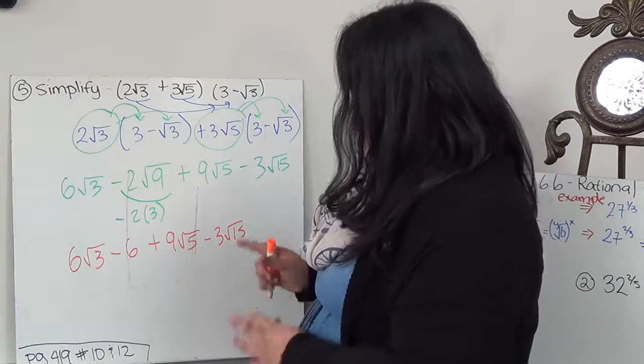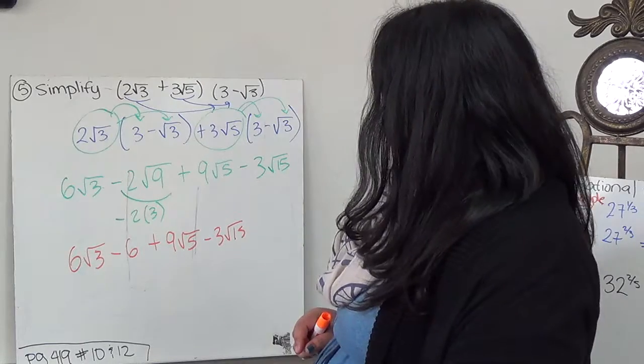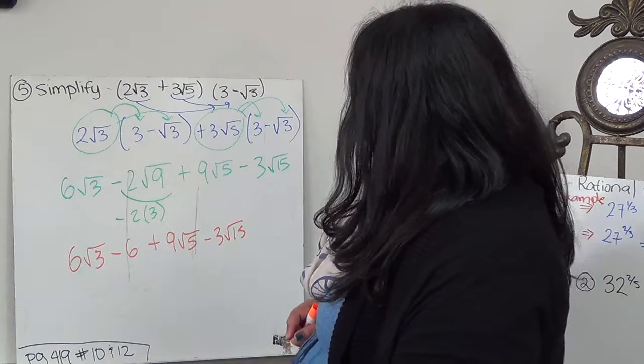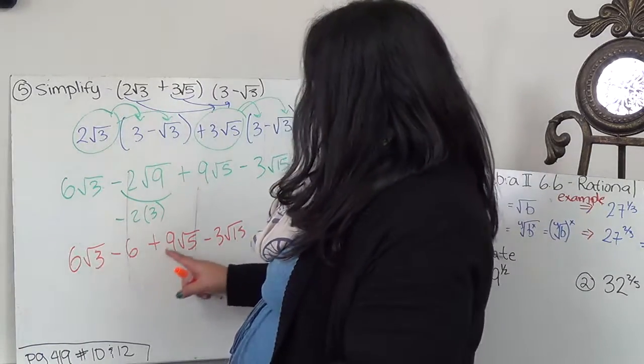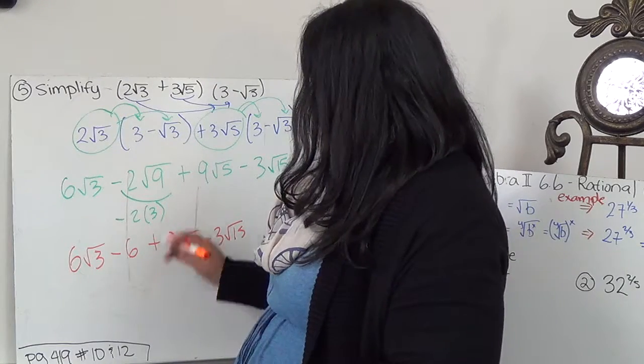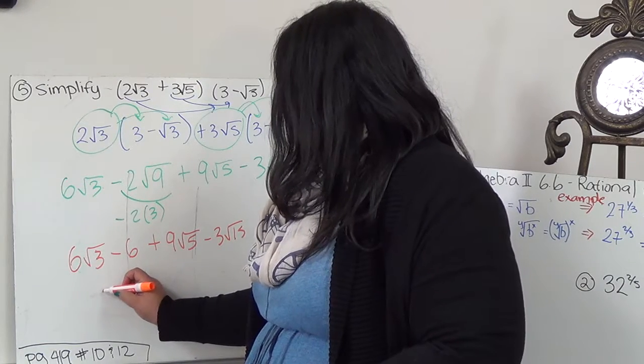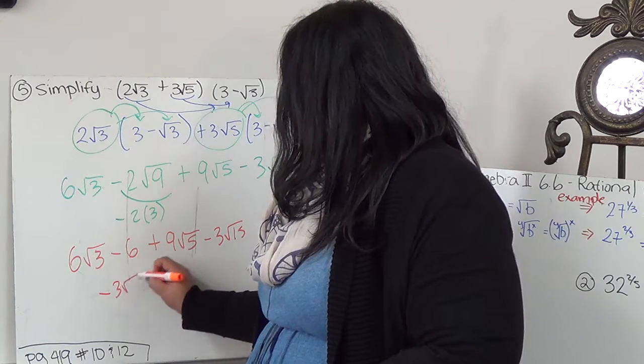So because none of these are common terms, we're just going to rearrange them. So this would be negative 3 root 15.